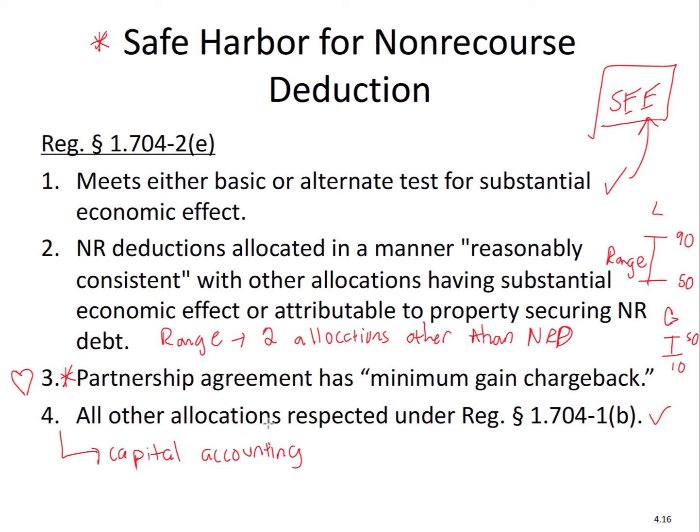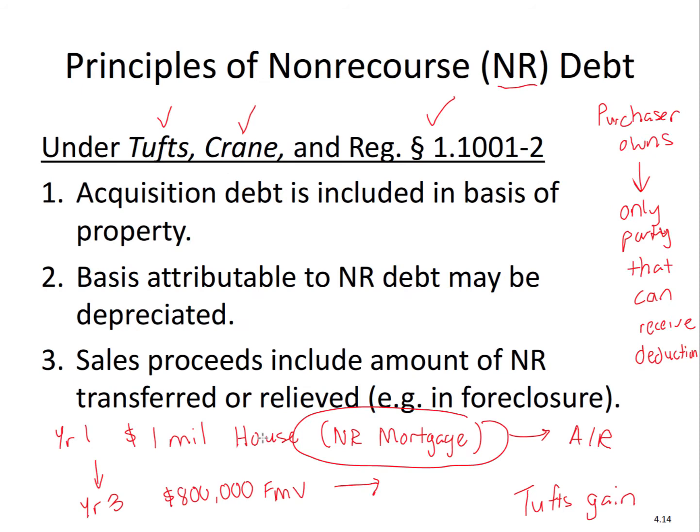And the reason is because Congress, again, wants to keep in mind the flexibility concern of the subchapter K partnership rules. Congress basically says, okay, we understand that when you go back to Tufts, Crane, and the regulations, the purchaser is the only one that can get the benefit of the deduction.